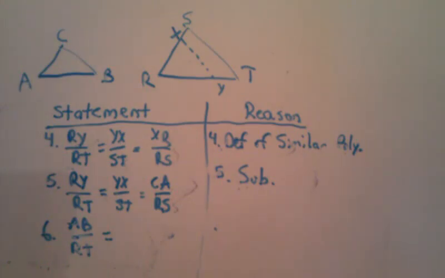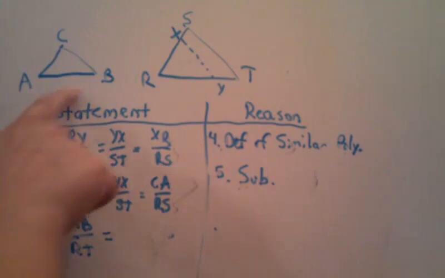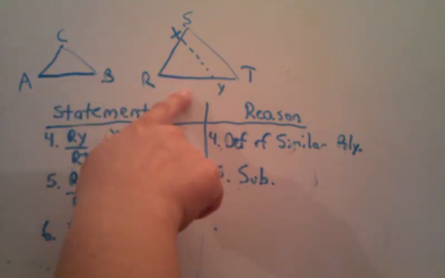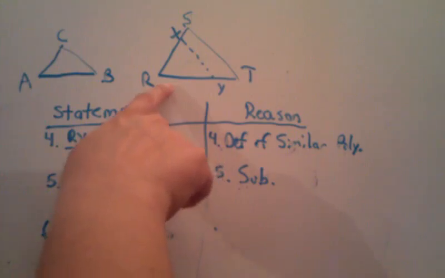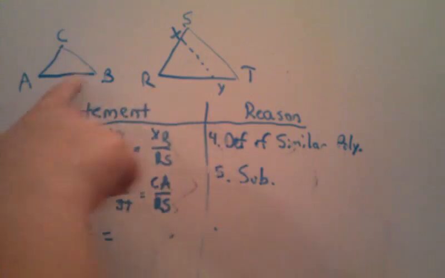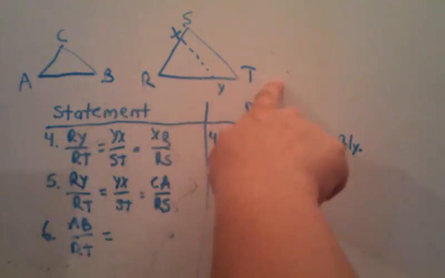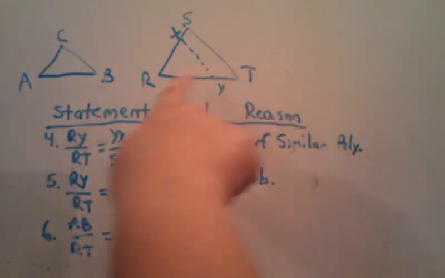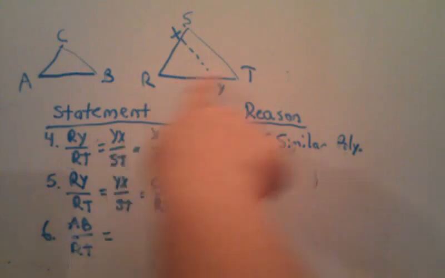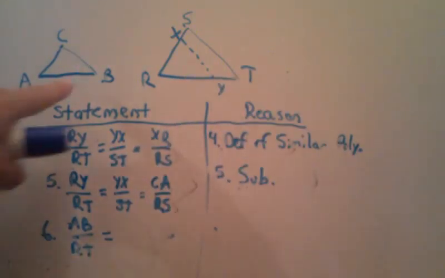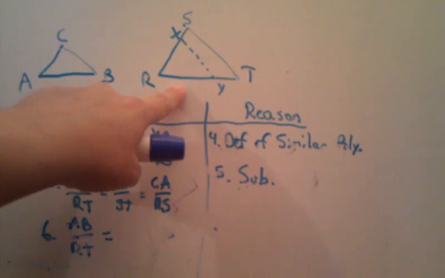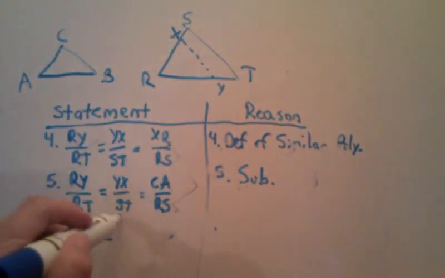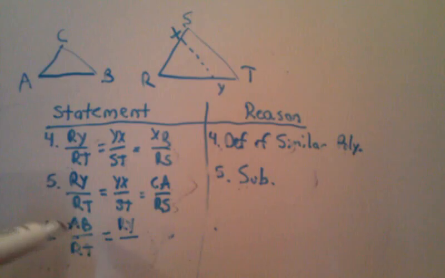I'm just trying to figure out where we got this. Okay, AB over RT equals, okay, AB equals RT, okay, as RY, okay. So instead of AB, we're substituting RY. That's what they did. Okay. RY is to RT.